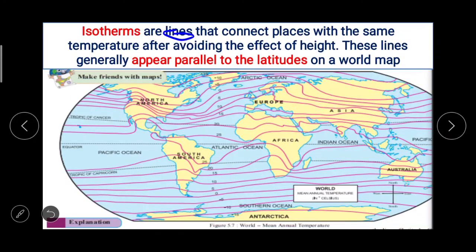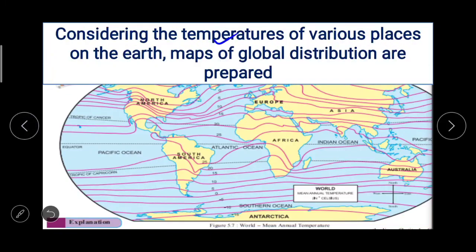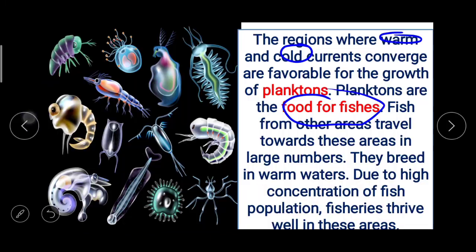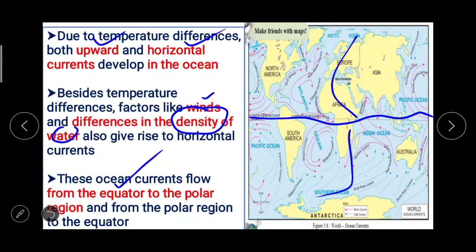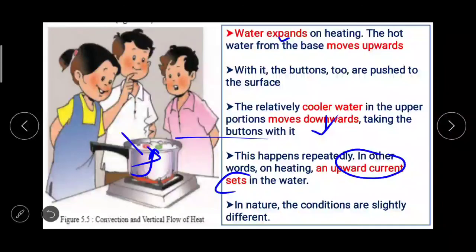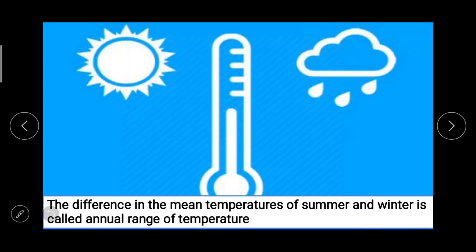Isotherms are lines that connect places with the same temperature after avoiding the effect of height, and these lines generally appear parallel to the latitudes on a world map. Then about the planktons, ocean currents, how they change, and the upward and downward movements of the water due to heat.